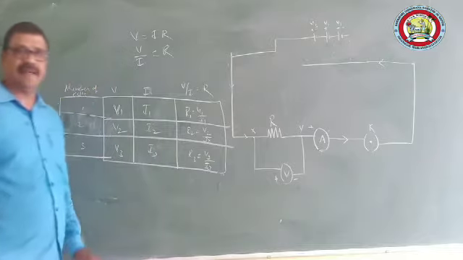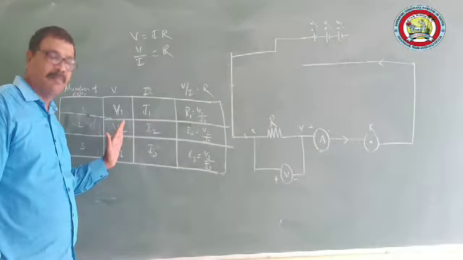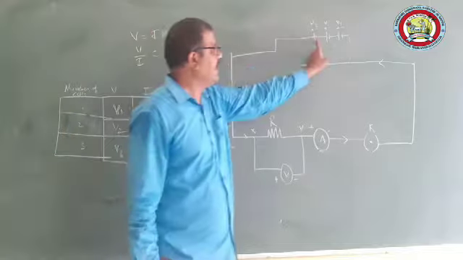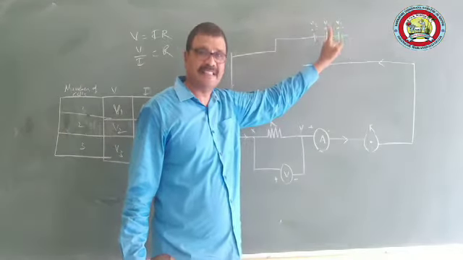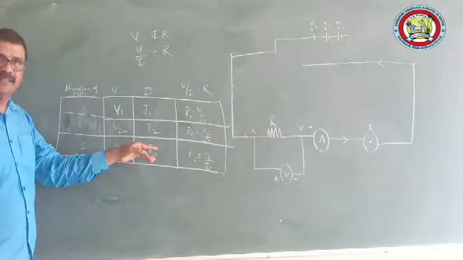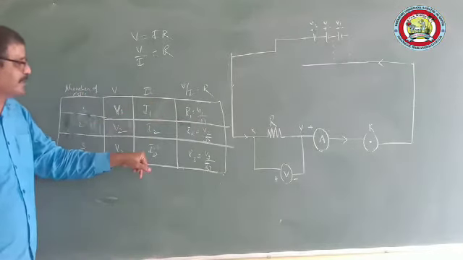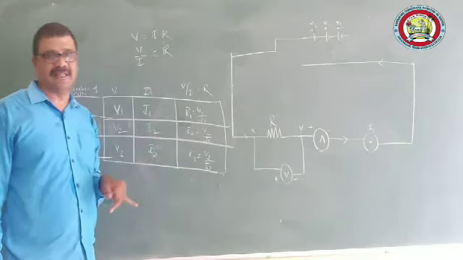So what I have done here is I have varied the potential difference by switching on each cell, and I have noted the corresponding currents, and with these currents I have calculated R1, R2 and R3.